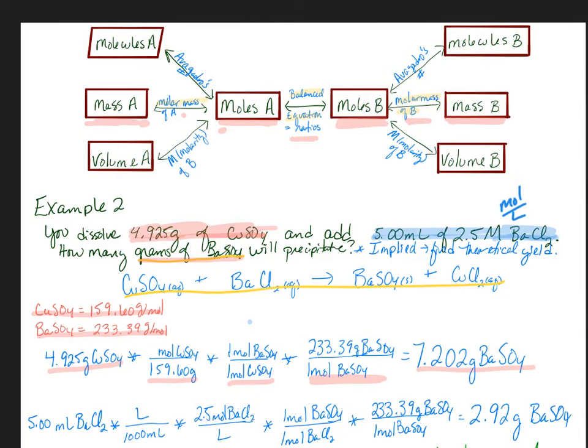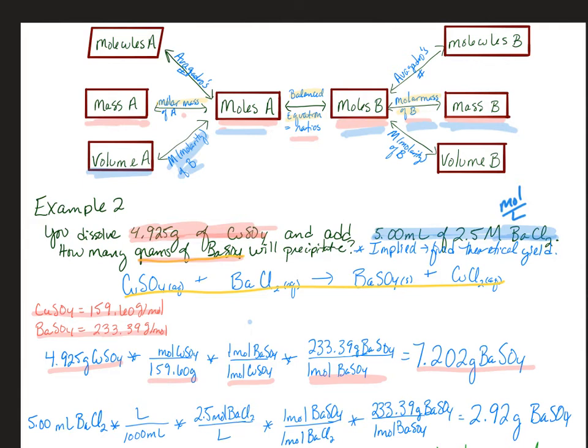When you start with volume, you don't even need to figure out what the molar mass is, because we don't even need that when we're going over to moles of A. So in this case, we're still trying to get to the mass of B, which is BaSO4. And we still need to know what the molar mass is of BaSO4. We just don't need to know that for the BaCl2.